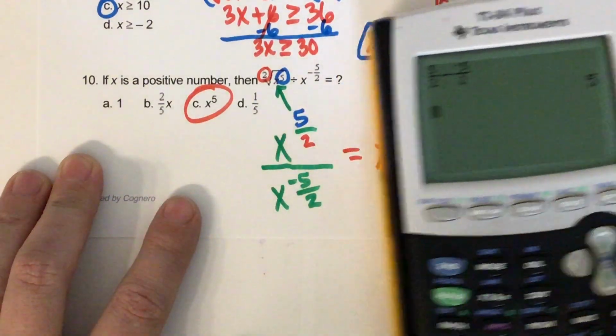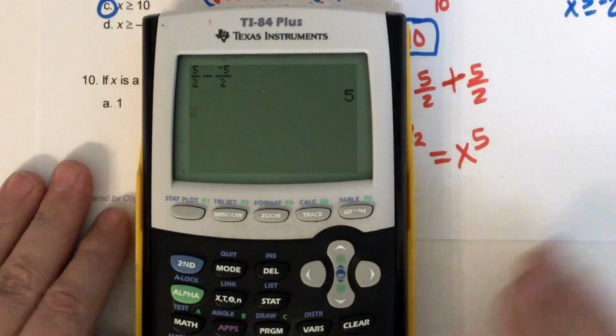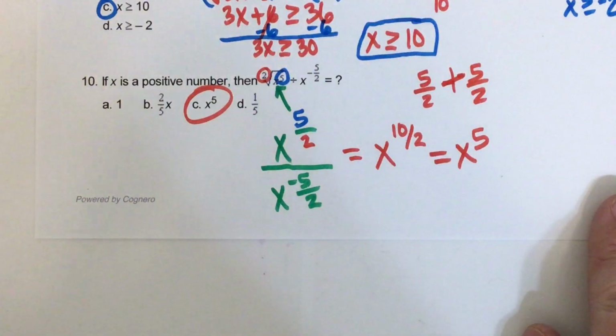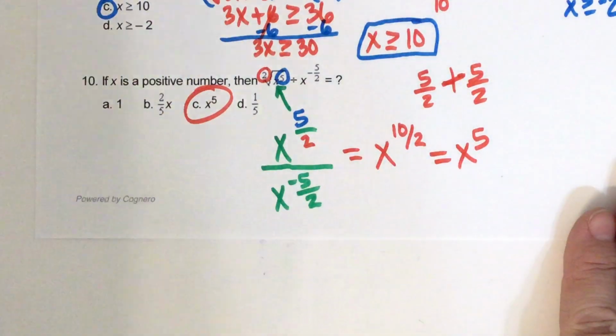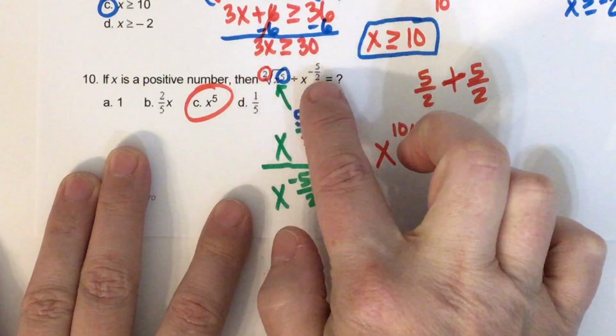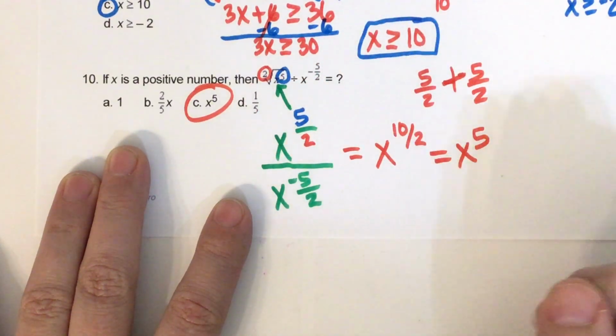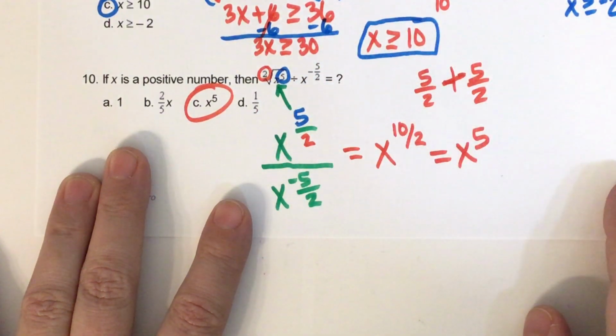And you can see you get a 5, just like we said. Okay, so the problem looked a little scary, but it's really not that bad. Just make them look alike, put them both in exponential form, and then just remember that when you're dividing, you subtract exponents.